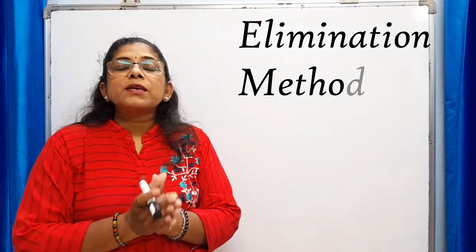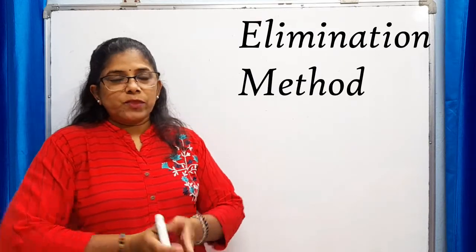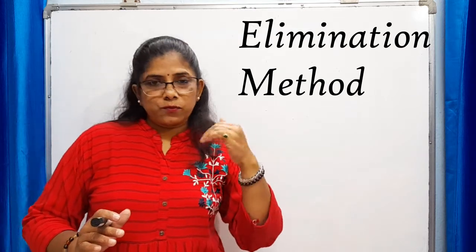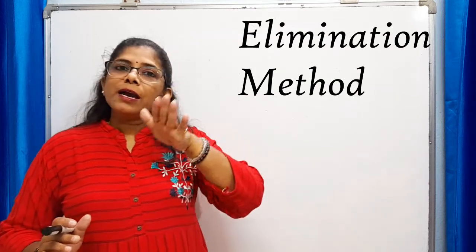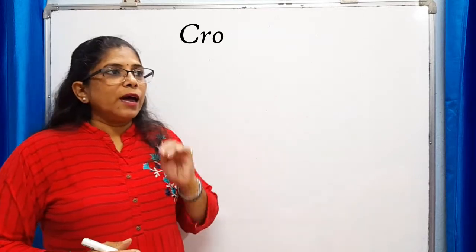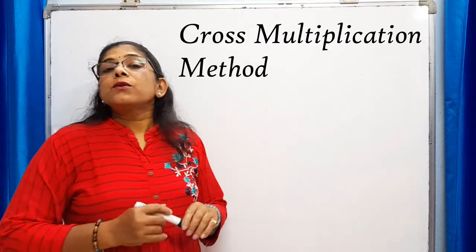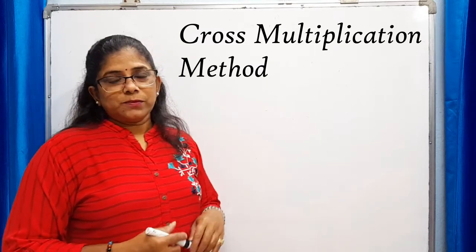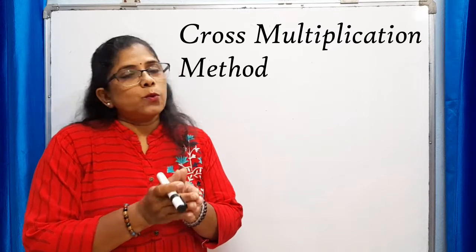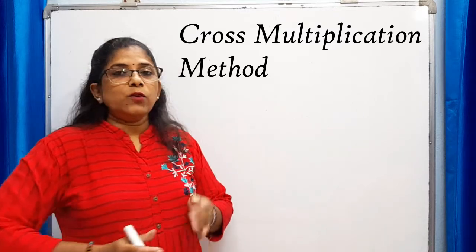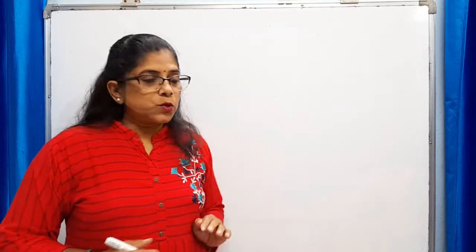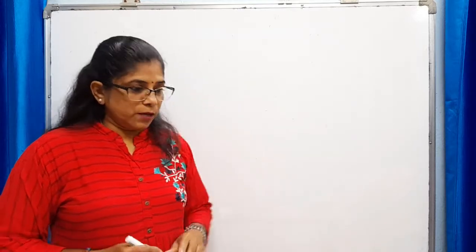Third method is the elimination method. We have to eliminate one variable, find the value of the remaining variable, and then go for the value of the next variable. And the fourth method is the cross multiplication method. By using some cross multiplication techniques, we can easily find the value of x and y. So altogether we have 4 methods to solve linear equations in two variables.